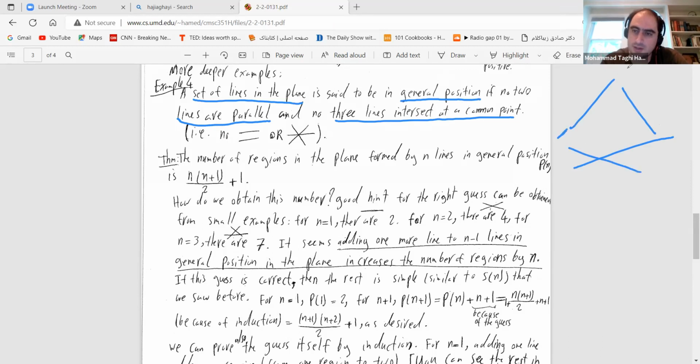Say these are infinite lines, essentially. They are in general position if there is no parallel pair and no 3 lines going through the same point. This is also not. And then we call it a general position.